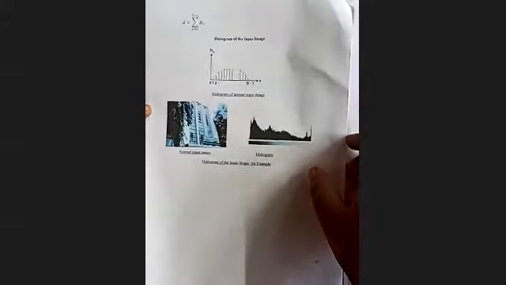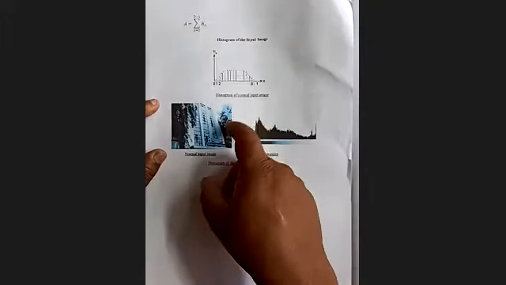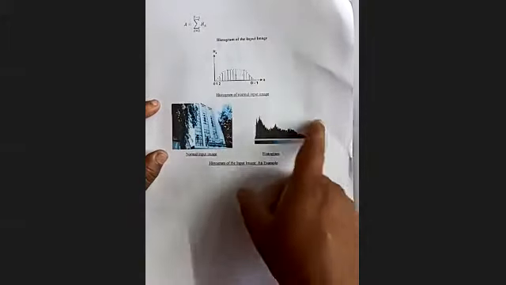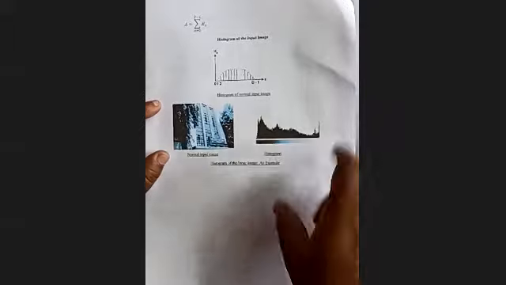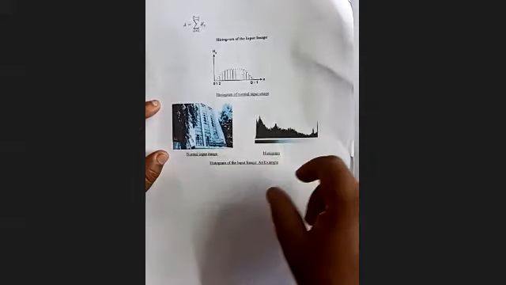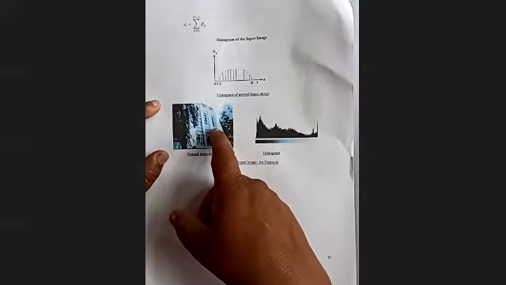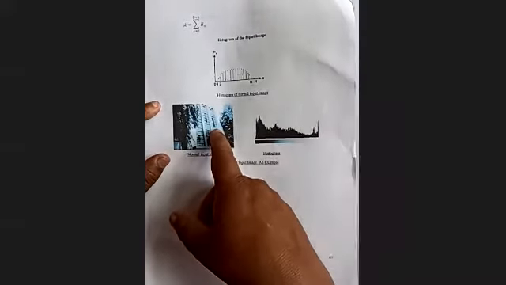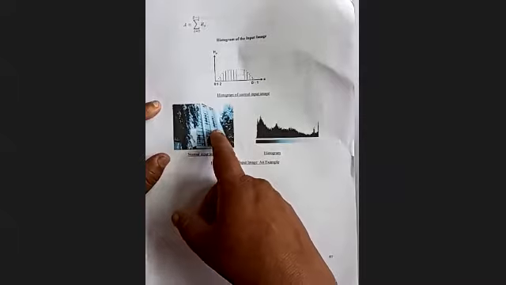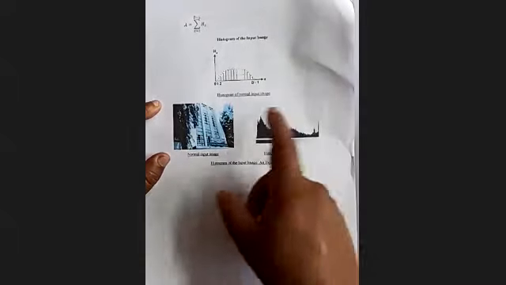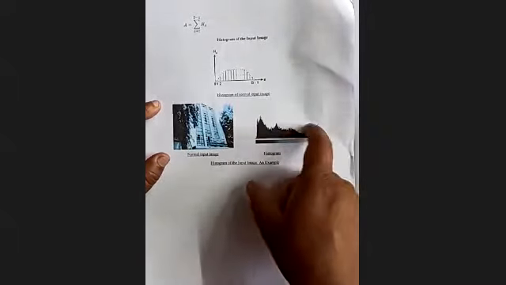In black and white, the histogram will be something like this. Here the blue color is really just white, but for our understanding it is made blue. So if we see the histogram, it looks like that.